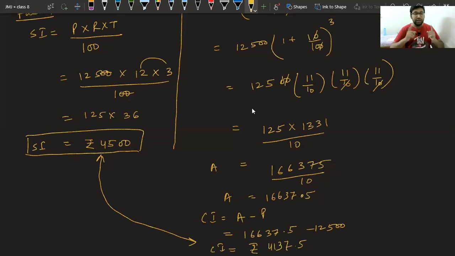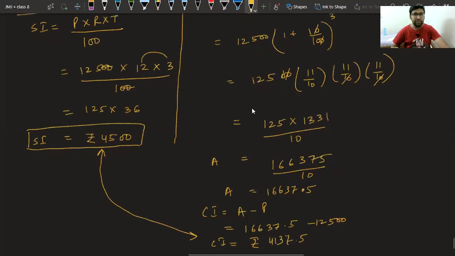Fabina has taken the loan on SI, so she has to pay more interest because principal is fixed. But in the case of Radha, the principal is getting reduced with time. That is why Radha is happy because she has to pay less money. And our banks also give you loan on compound interest. That is why if you pay more principal amount, you will have to pay less interest.